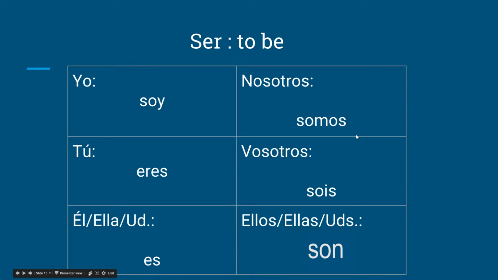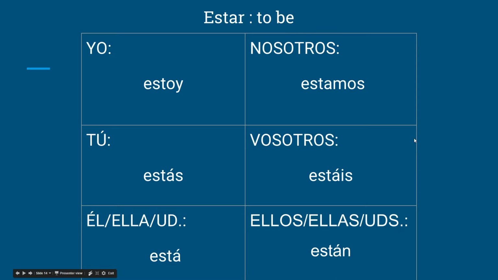This is called an irregular verb because it doesn't follow the same rules. Same thing with estar. It's also a to-be verb, and it's not like the normal AR verbs. It's irregular, so you're going to put estoy, estás, está.